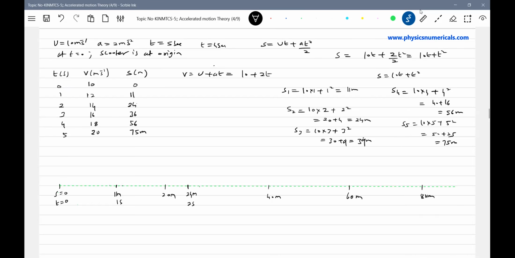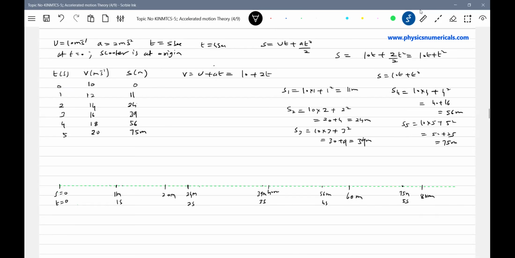I think S3 will be 39, sorry, some data. 39 it will be here. Next 56, so it will be here. 75, so it will be here.